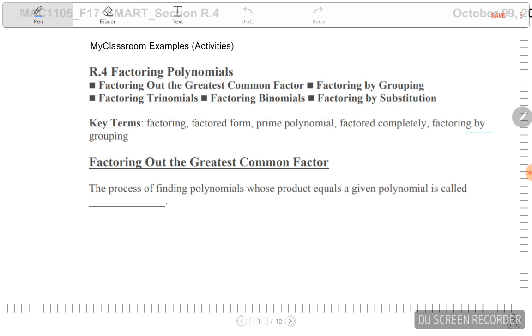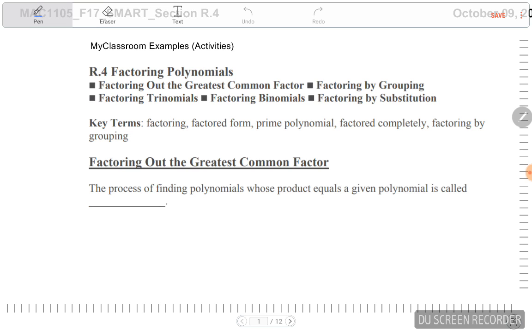Factoring by grouping is actually my favorite because if you get in the habit of factoring by grouping, it works for all the cases of any polynomial that is factorable. So I like to teach it that way from the ground up, and then later as you start to notice some patterns, you can do an easier process, or not easier, but easier in the sense that there are fewer steps involved.